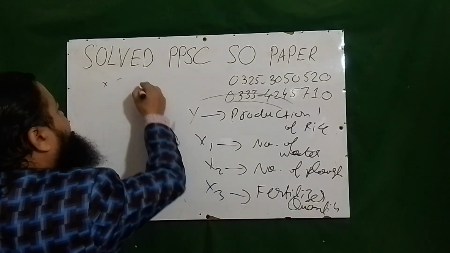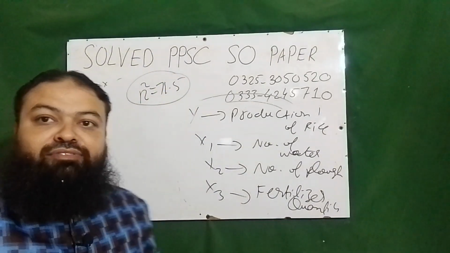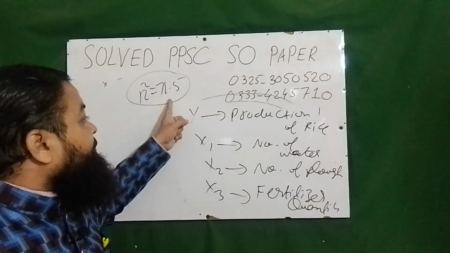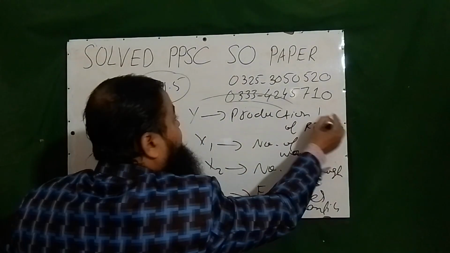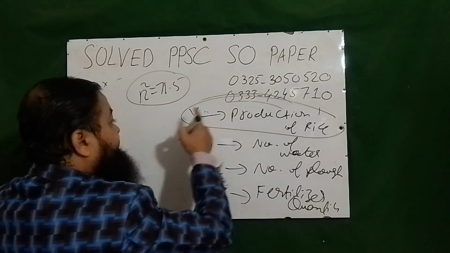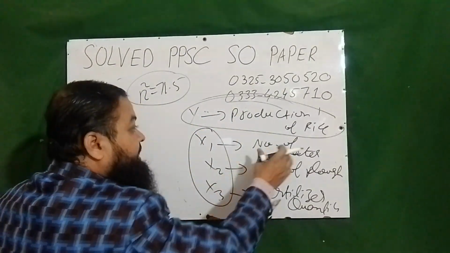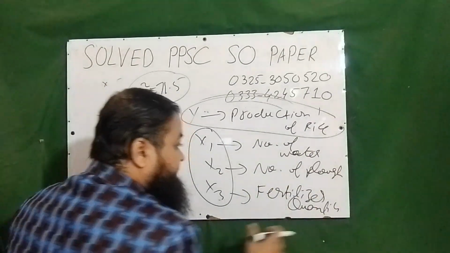And if R square is 71.5, what is the meaning of that value? It shows that 71.5% variation in y, in production of rice, has been explained with the help of these three independent variables: number of waters, number of plows, and fertilizer quantity.